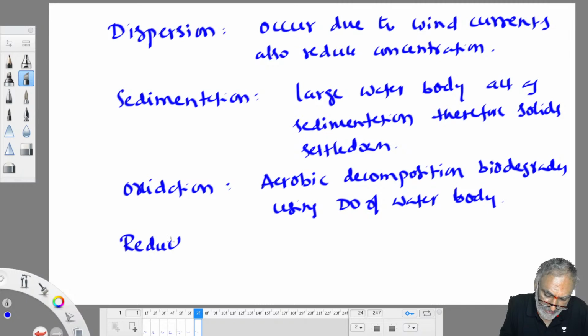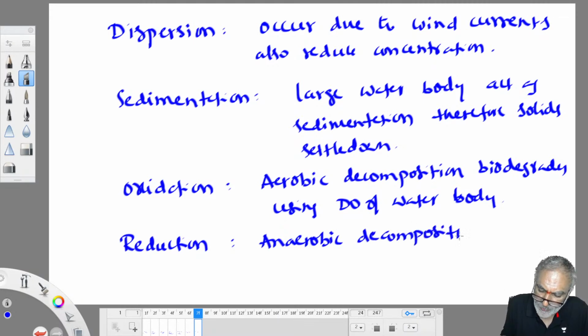Even after oxidation, if biodegradable matter is still there, then reduction will occur. It is anaerobic decomposition of biodegradables which occurs after oxidation. When all oxygen is used up and no more oxygen is there, it is decomposed anaerobically.